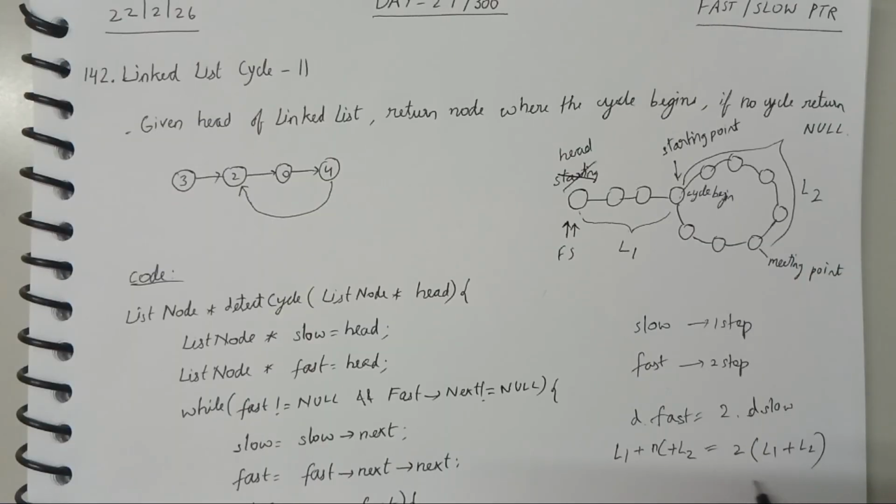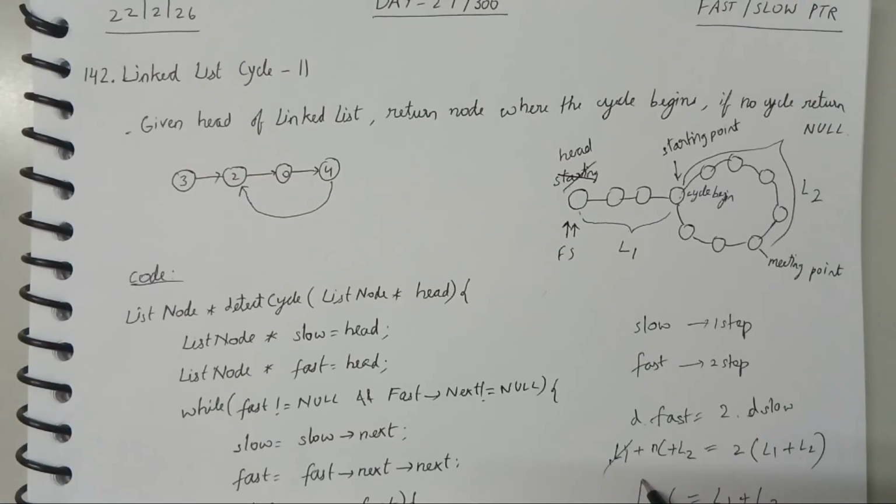So now if we solve this equation, one L1 gets cancelled here, not here. So nC is equal to 2(L1 + L2) minus (L1 + L2), that is L1 plus L2.